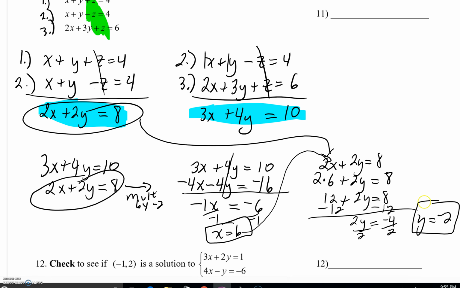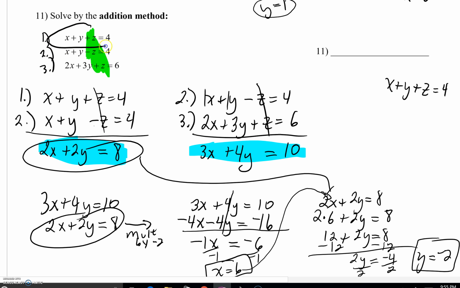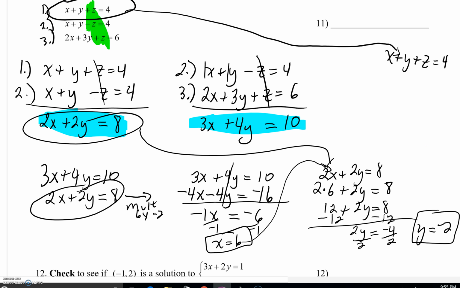And that's where now, up on the top, I'll just recopy my first equation, the equation number 1, and say, hey, x plus y plus z is equal to 4. But x is 6. Y is -2. Could we find out what z is?